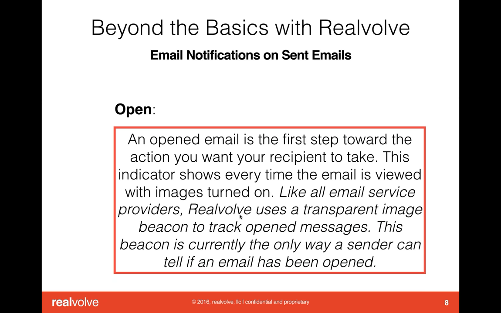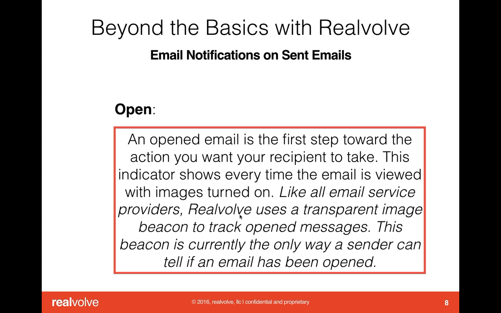If you were to look at the source code of that email, there is what is called an image beacon. That image beacon is just a transparent little dot that you can't see. It's there for a reason, but that lets the server know that they did actually open that email. Every system, every email that has any kind of open indicator uses this same method.